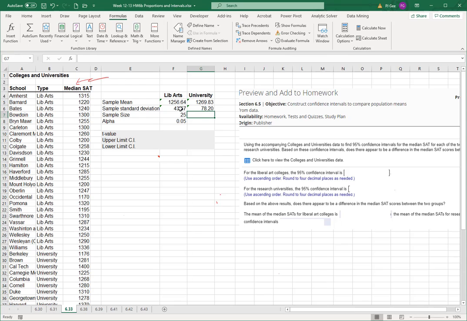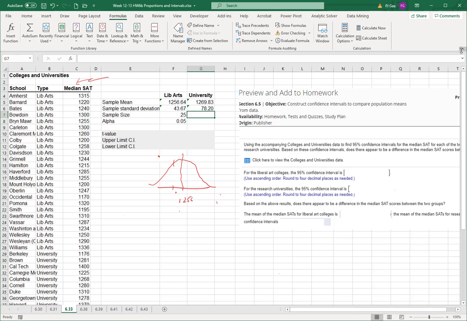Again, from the previous problem, look at the coefficient of variation here. Look how small the standard deviation is compared to the mean. This is very practical to look at. Here's a normal distribution of what we're looking at, 1256 let's say, and the first standard deviation is not very far down.